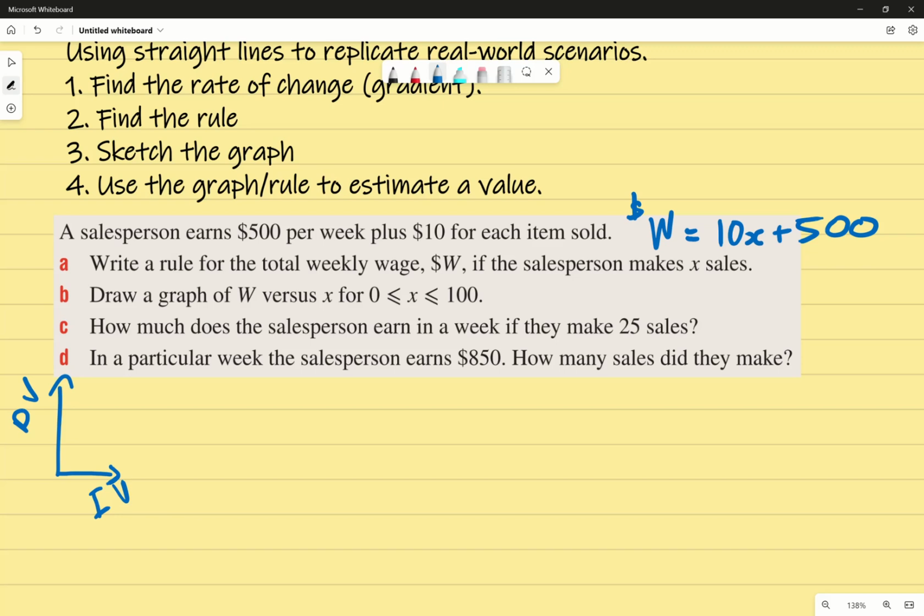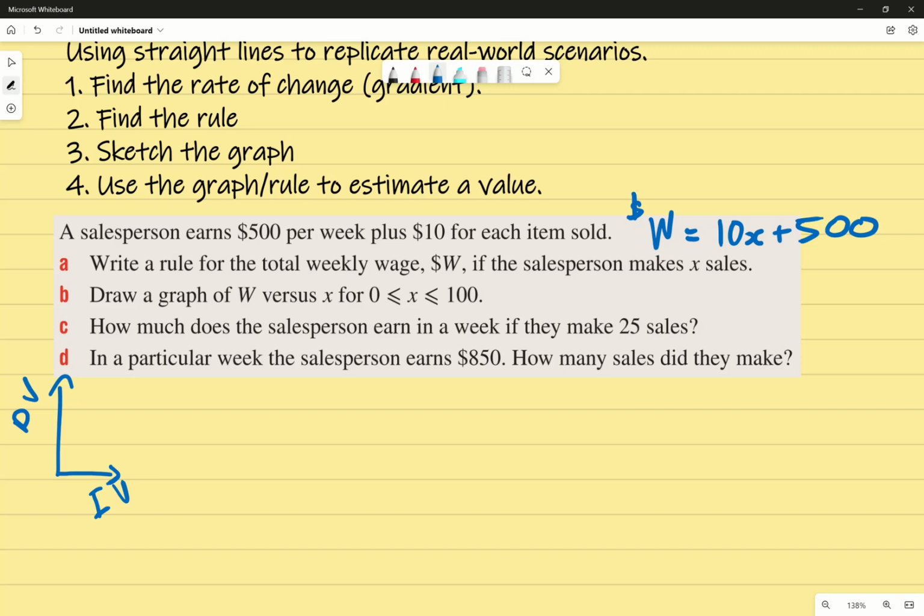So for example, if we're saying time versus temperature, let's talk about temperature throughout a day. Does the temperature depend on the time of the day? It does. So that would be the dependent variable. Does the time care about what temperature it is? No. So that would be the independent variable. In this case, we've got wage, the amount of money that person gets, and how many items they sold.